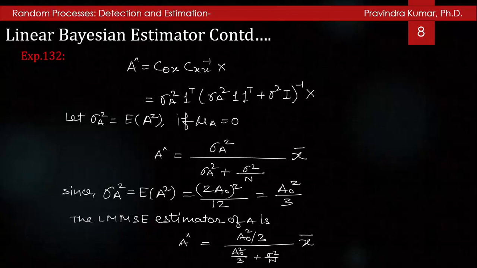So the LMMSE estimator of A, finally, A cap will be A naught square by 3 divided by A naught square by 3 plus sigma square by n, into the sample mean x bar. You know the sample mean x bar is 1 by n summation n equals 0 to n minus 1 of xn.